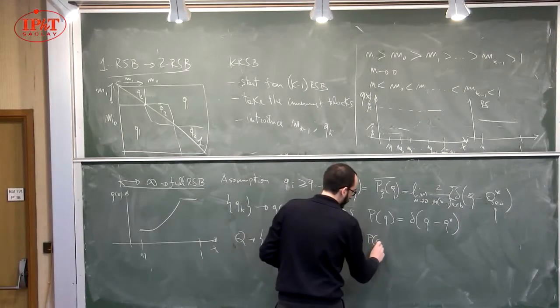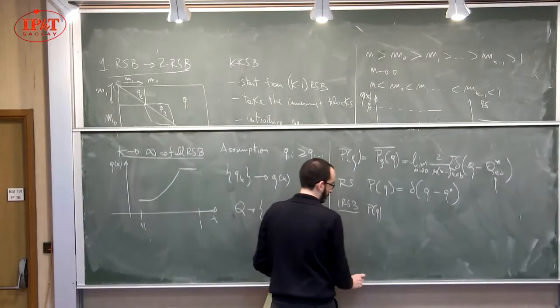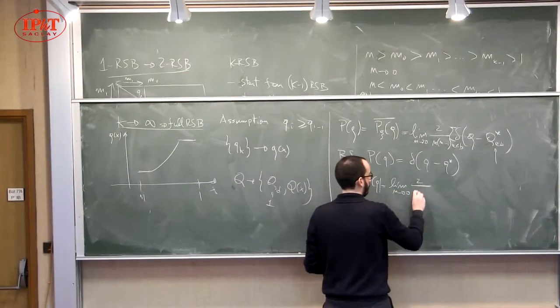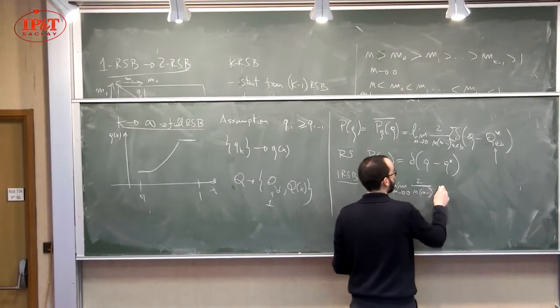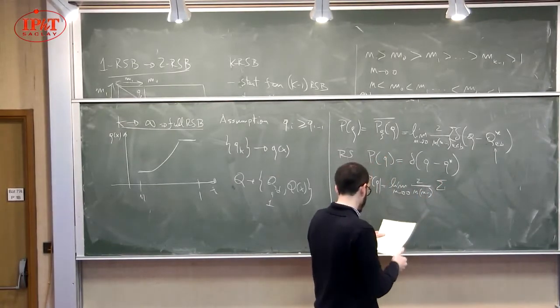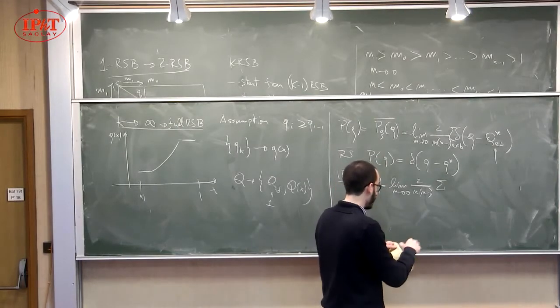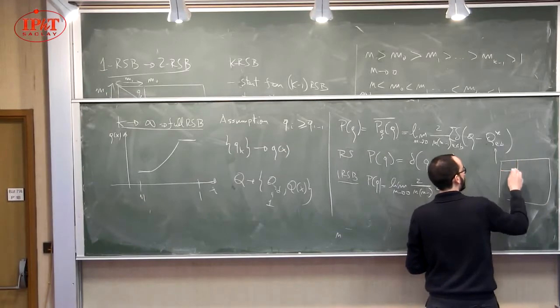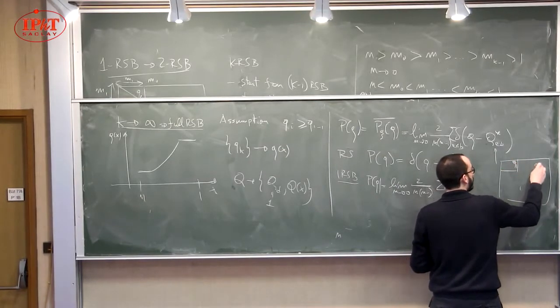So the P of q. Now in this case I have a matrix that is like this, no? Here I have q1, here q0.